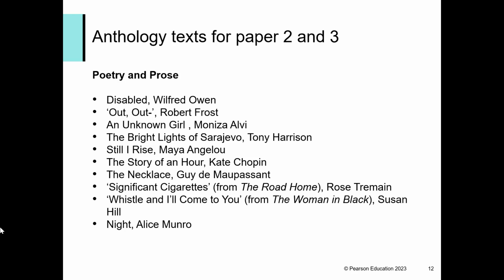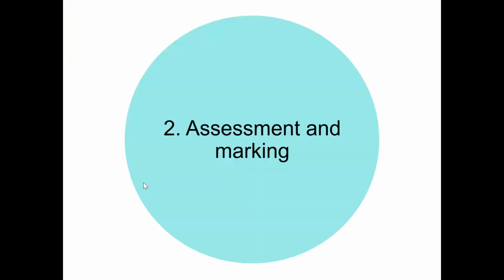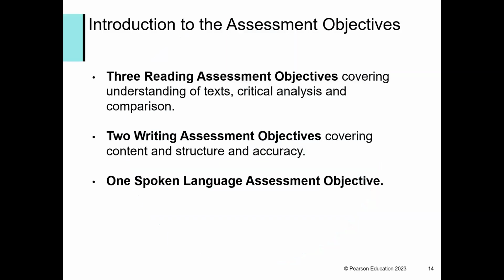But today, our focus really is on assessment and marking, and that's what we're going to be focusing on for a lot of the training as we go through. So I'm going to now just be reminded a little bit about the assessment objectives. There are 3 reading assessment objectives covering understanding of text, critical analysis, and comparison.